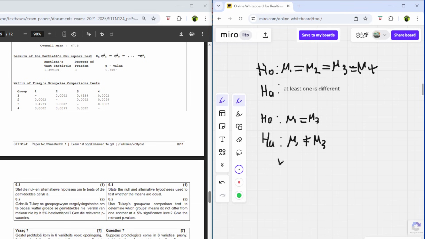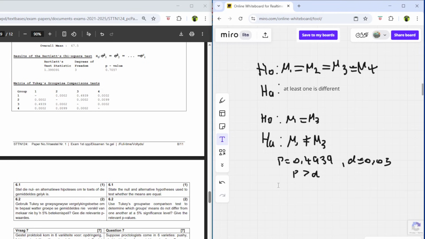Now after doing this, the p-value for that is equal to 0.4939. And then you say alpha is equal to 0.05. This means that the p-value is greater than alpha.